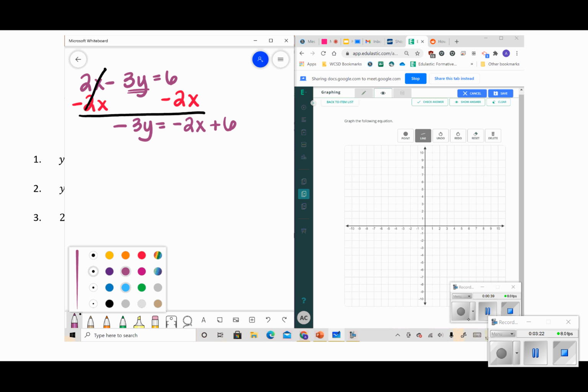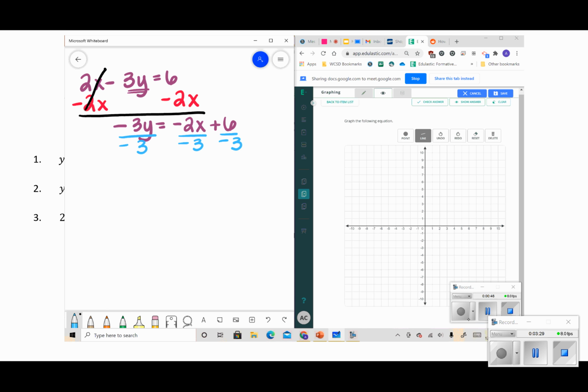Now, what is still attached to that y is a negative 3. So we need to divide everything by negative 3. When we divide by negative 3, the negative 3's cancel here. So y comes down. Now, negative 2 divided by negative 3, you divide two negatives, you get a positive.